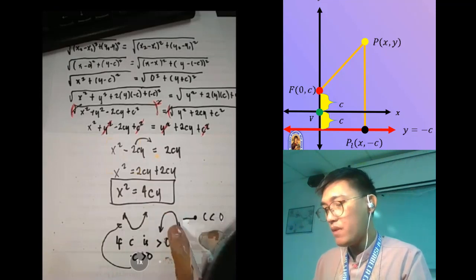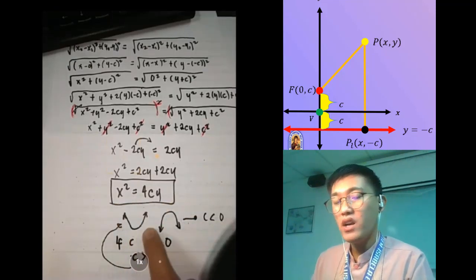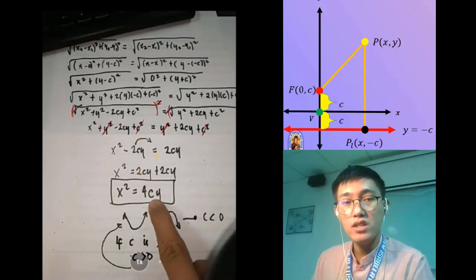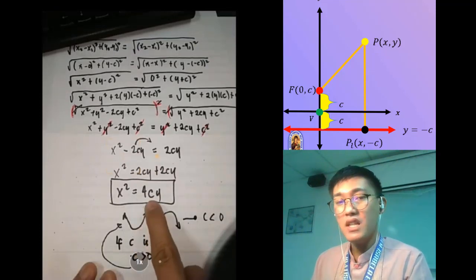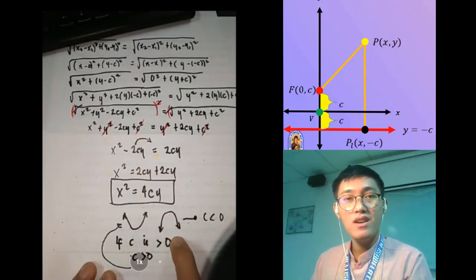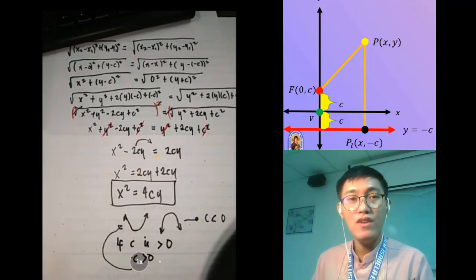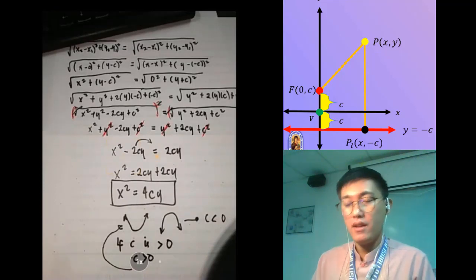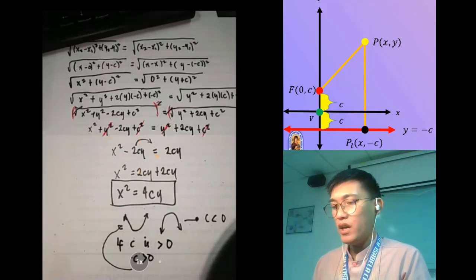So it depends upon the orientation. We can use this formula both for upward and downward, depending upon the sign of our letter c. If c is positive, then the parabola will open upward, and if c is negative, then the parabola will open downward. So in part 2 of the video, we'll be solving parabola standard equation problems and also the general form of the parabola.